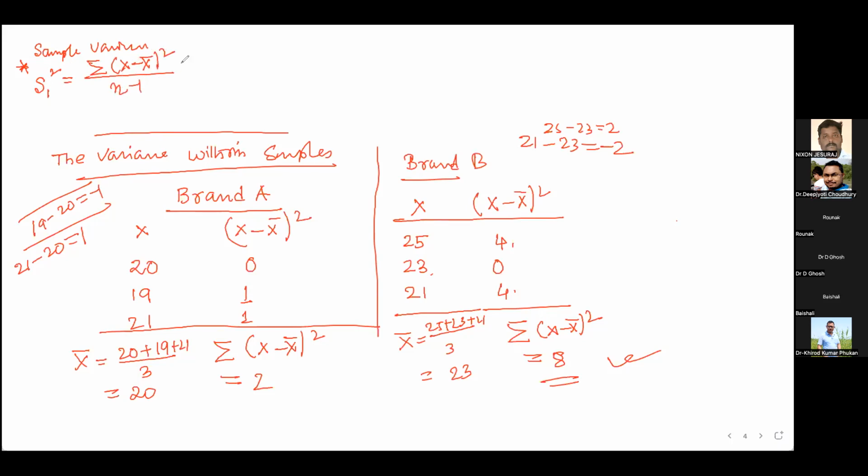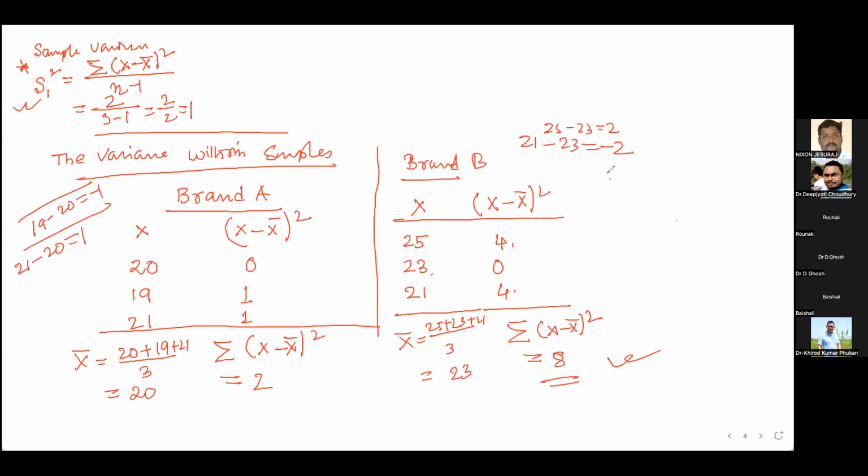Now, what is our summation of x minus x bar whole square here? It is 2. And what is n here? n is basically the size of the sample. What is the size of the sample here? 1, 2, 3. That means the size of the sample is 3. So 3 minus 1 is 2, and 2 by 2 is equal to 1. So for the first case, S1 square is equal to 1.